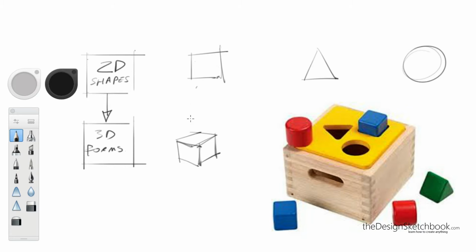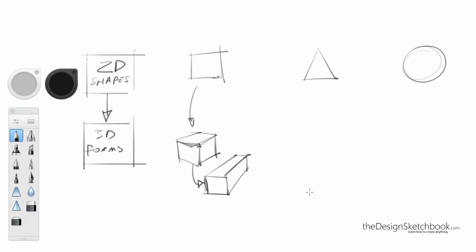The square gives you a cube, and with the same square base it can give you something more rectangular, because you can create variation by changing the length. You still win the cutout game.